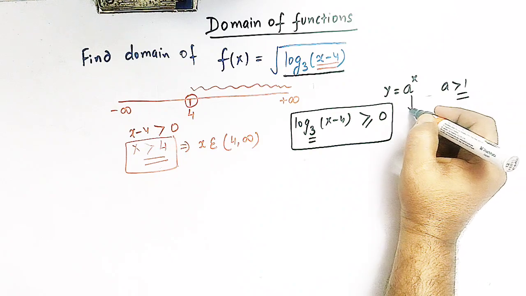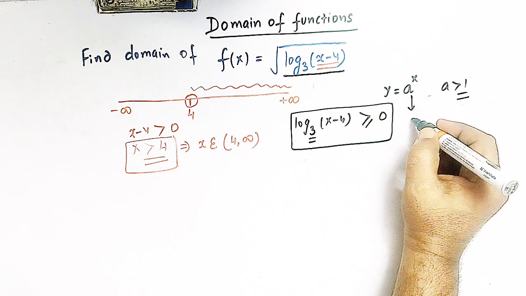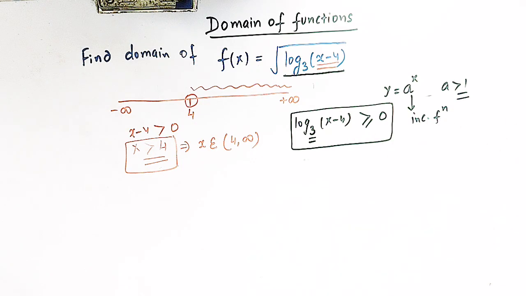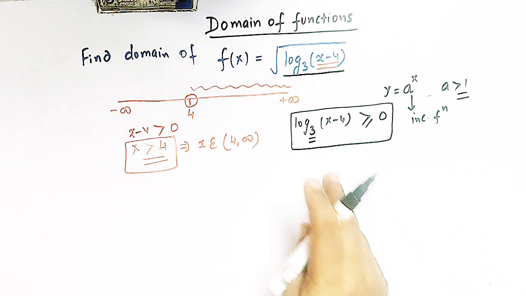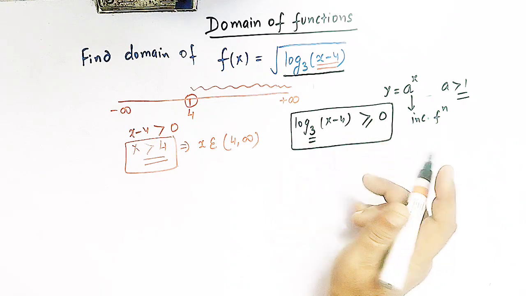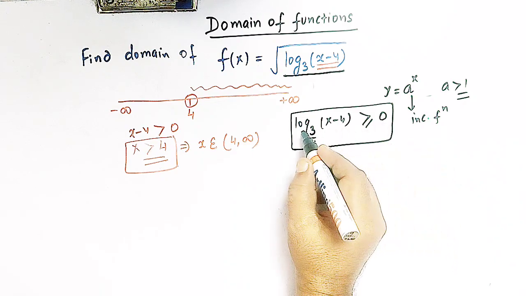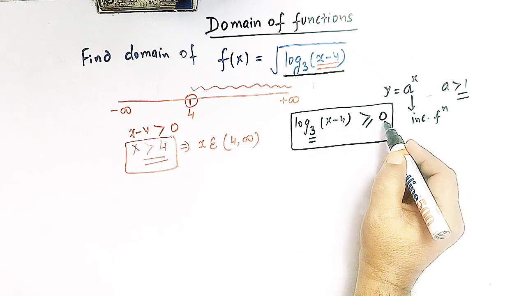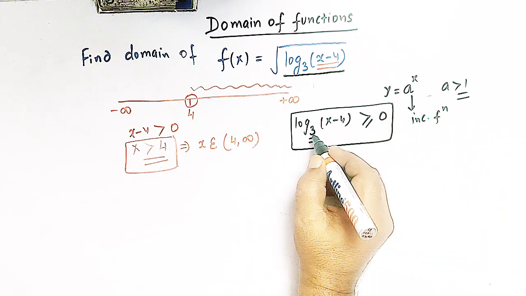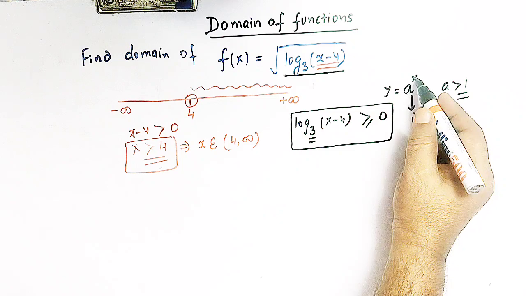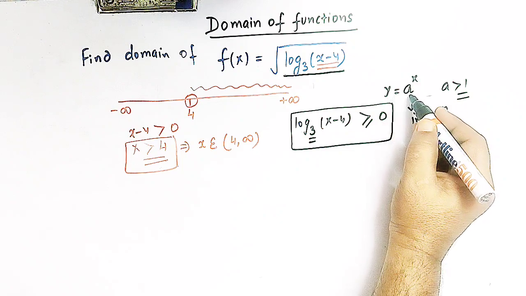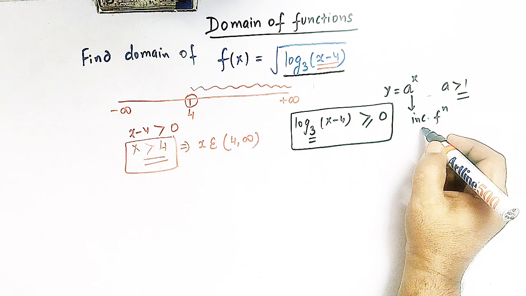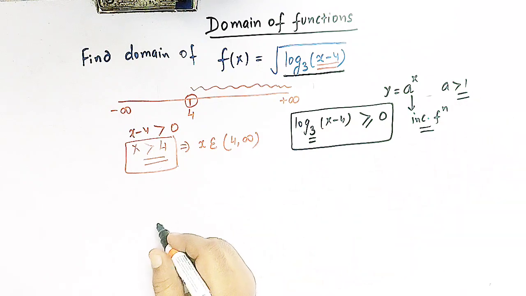And we know that this exponential function is an increasing function, right? So to solve this inequality, we'll raise both these terms, log of x minus 4 to the base 3 and 0, to the power of 3, because the general exponential function y is equal to a raised to x, where a is greater than 1, is an increasing function, right?